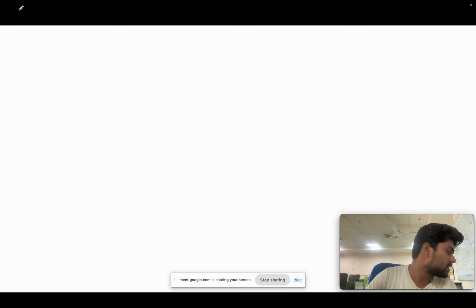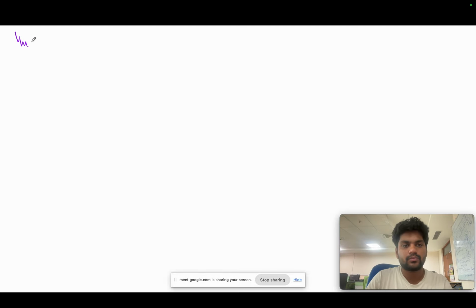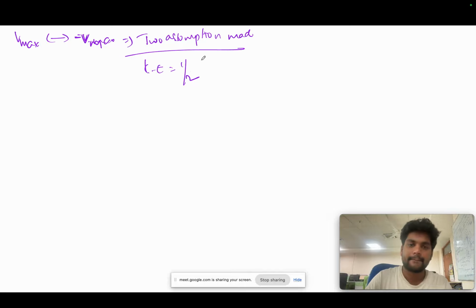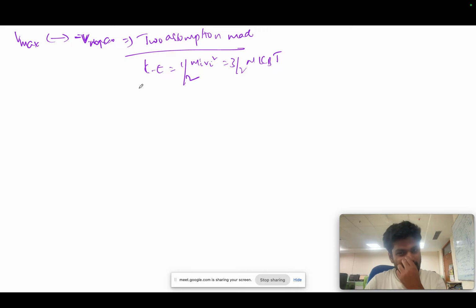So what are the basic assumptions they have taken? To go from V max to V minus max minus V max, the two assumptions made were: the kinetic energy equal to half the total energy, and the total momentum should always be equal to 0.